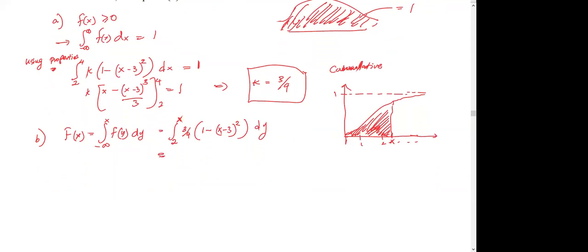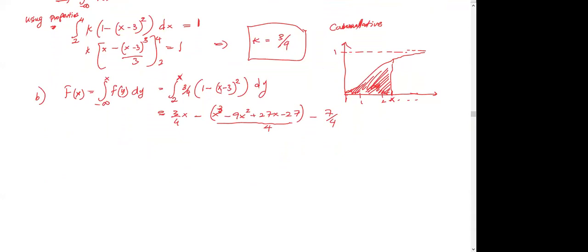So this becomes 3 over 4 times x minus (x cubed minus 9x squared plus 27x minus 27) divided by 4, minus 7 over 4. You can simplify this again: negative x cubed minus 9x squared minus 24x minus 20, plus 20, divided by 4.